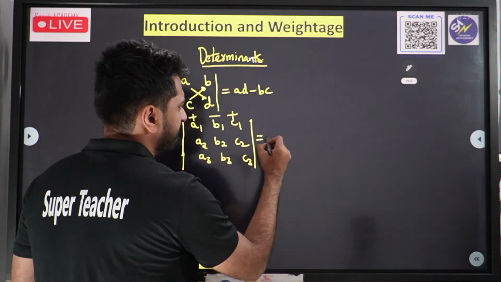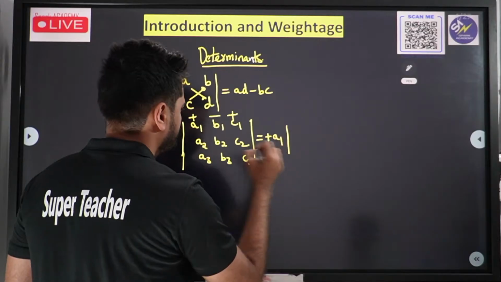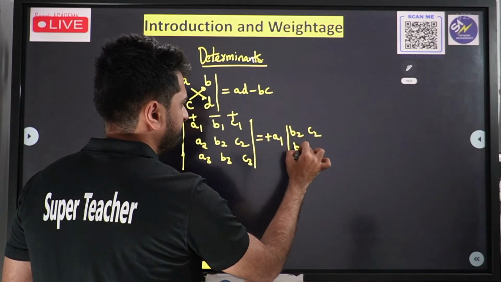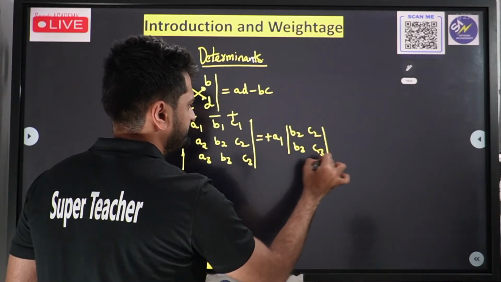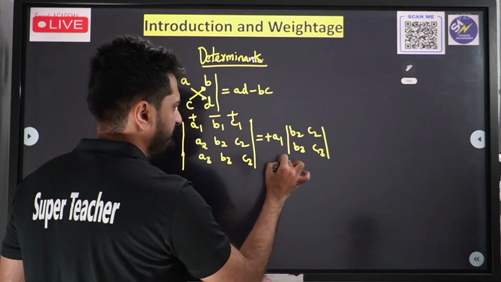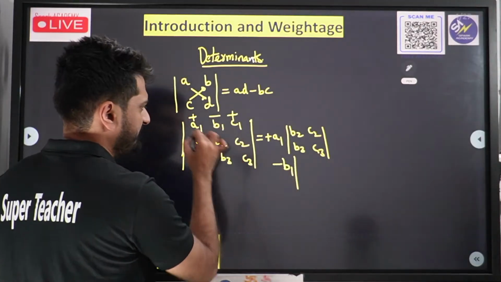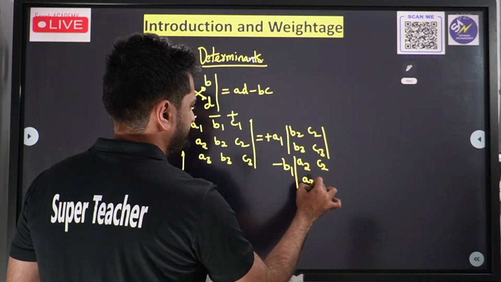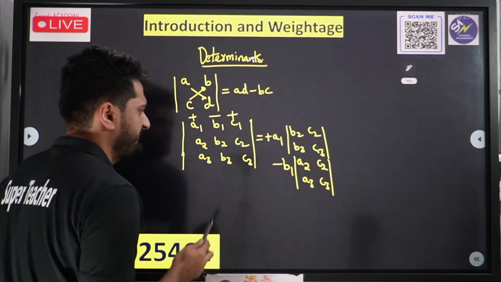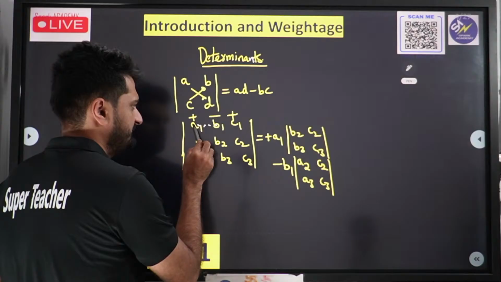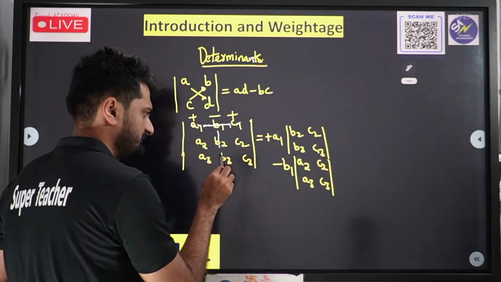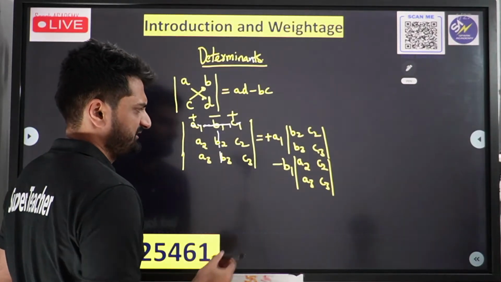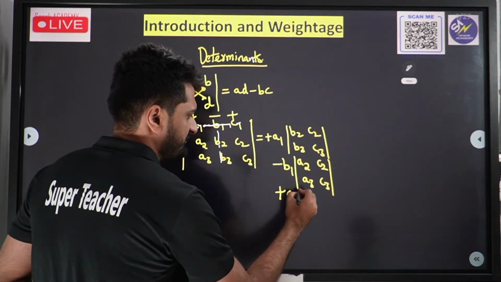So this will be plus A1 into B2, C2, B3, C3, minus B1 into A2, C2, A3, C3. For example, if you take B1, you cover its row and its column, and the remaining elements you write in this 2x2 determinant. Finally, the same at C1.